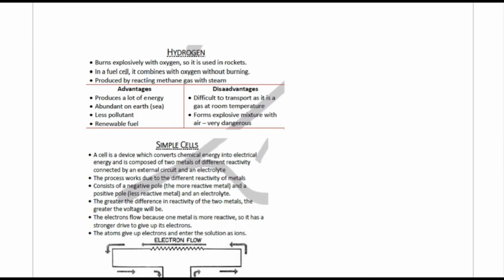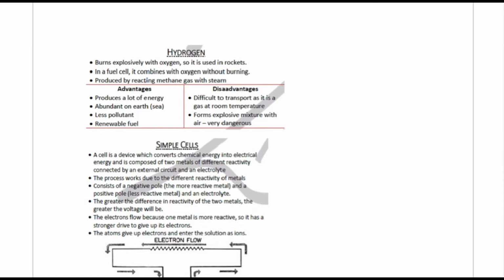In the fuel cell, hydrogen combines with oxygen without burning. So for the rocket, yes, we burn the hydrogen with oxygen. But in a fuel cell, in an electric car, don't expect any burning happening. Hydrogen reacts with oxygen straight away without burning.